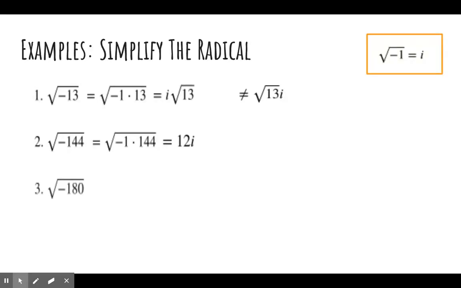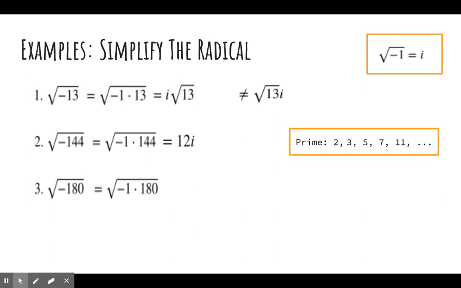Let's look at example number 3. We have the square root of -180. So again, rewriting this as -1 times 180. We will need to do prime factorization on the 180.